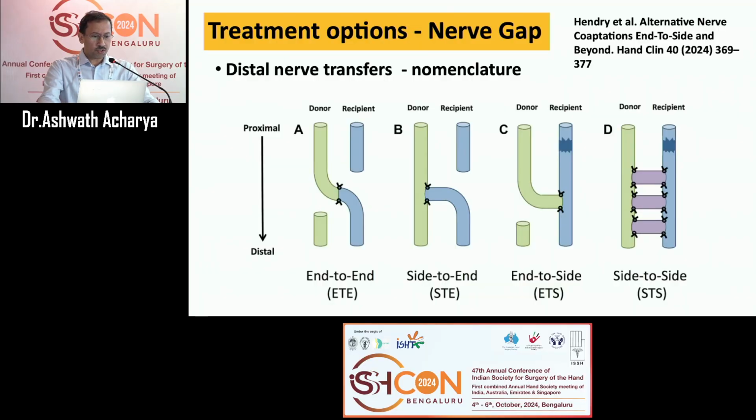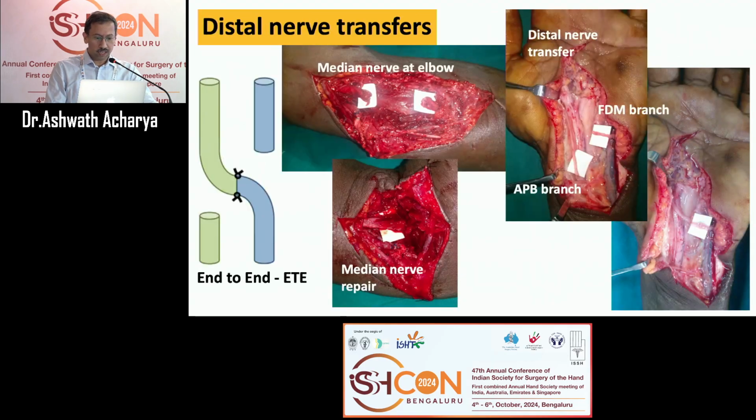Now moving on to distal nerve transfers. We now have new nomenclature, a very refined system of naming these transfers. So you have end to end, end to side, end to side to end, and side to side; these concepts have become very clear. One good example which has become very popular is distal nerve transfers for high injuries.